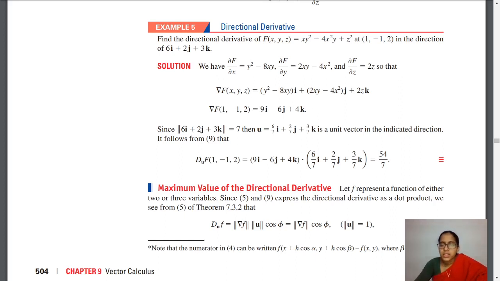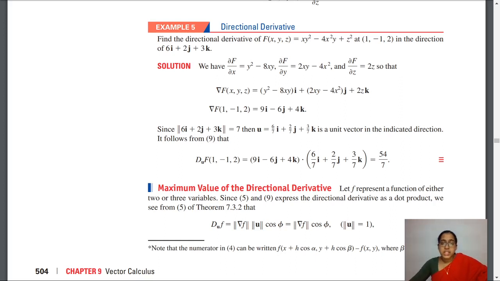So what is the directional derivative? We have to find the dot product of this vector and the unit vector u. That is 9 into 6 by 7, minus 6 into 2 by 7, that is minus 12 by 7, and plus again 12 by 7. So altogether we'll get 54 by 7.